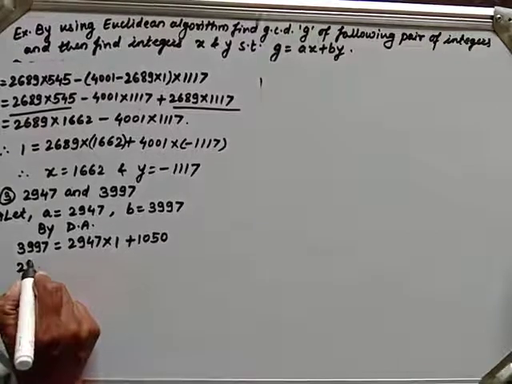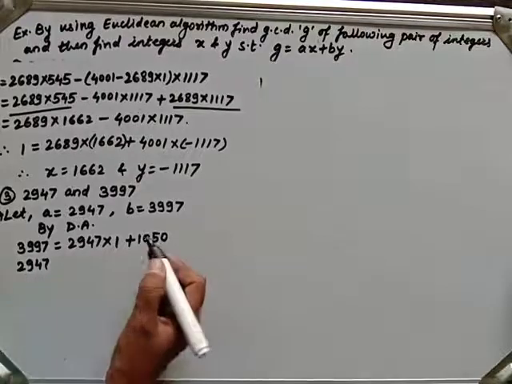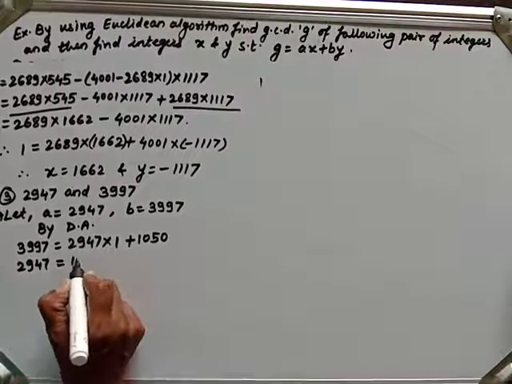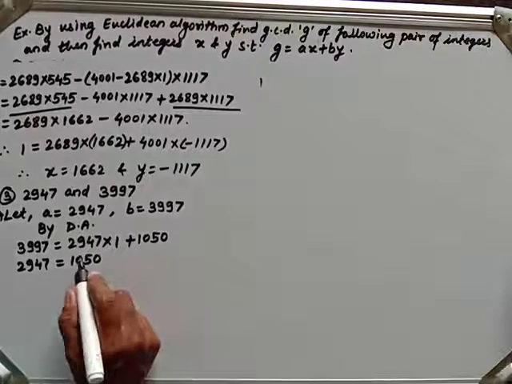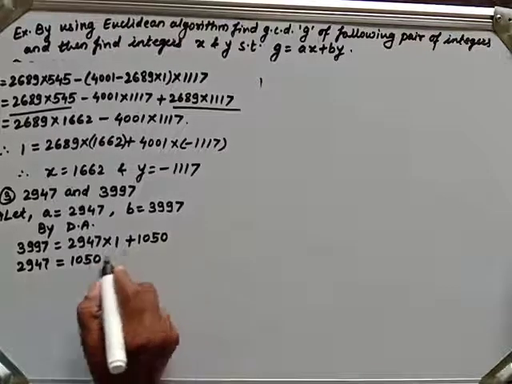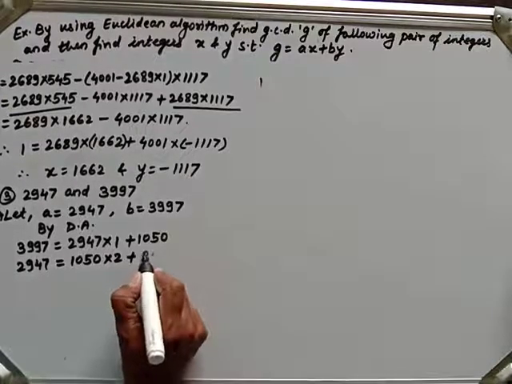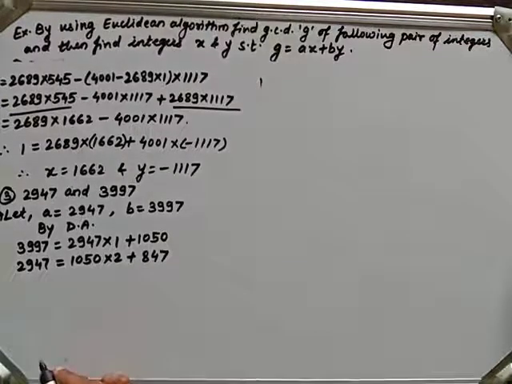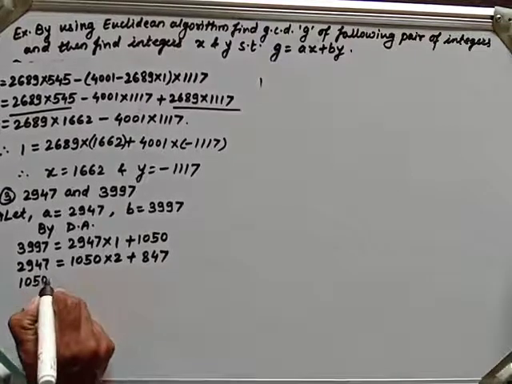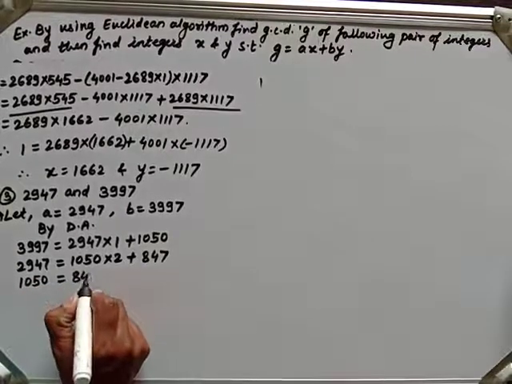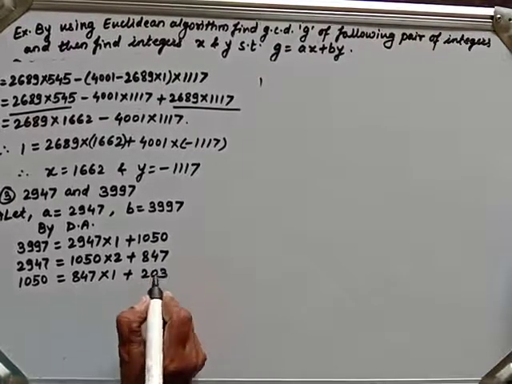So again the remainder is non-zero, so the divisor becomes the dividend and the remainder becomes the divisor. 2947 is multiplied by 2 and the remainder is 847. The next time again 1050 will be dividend and 847 will be divisor, into 1 plus 203.